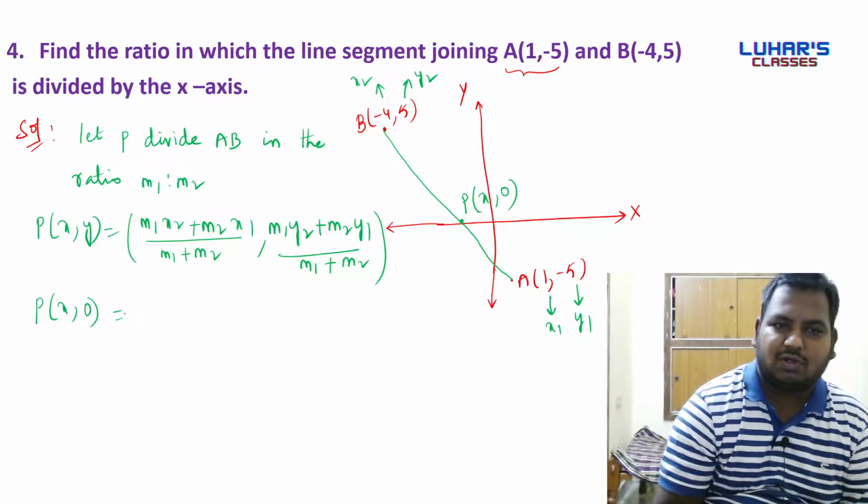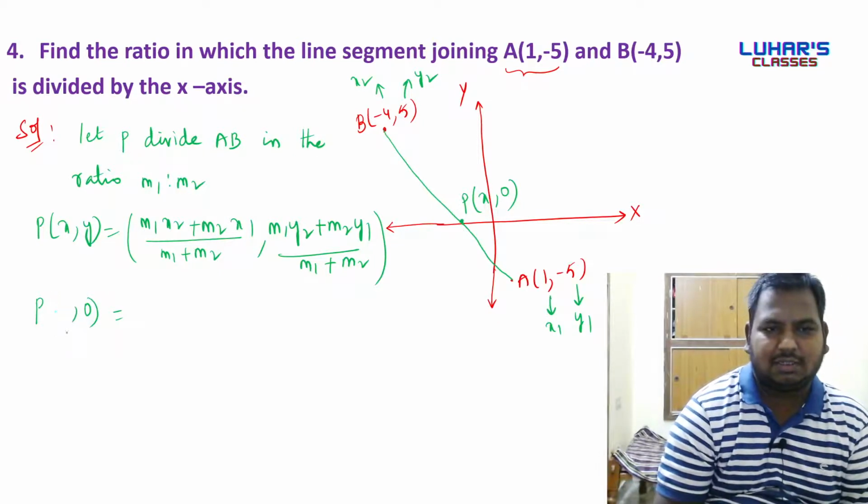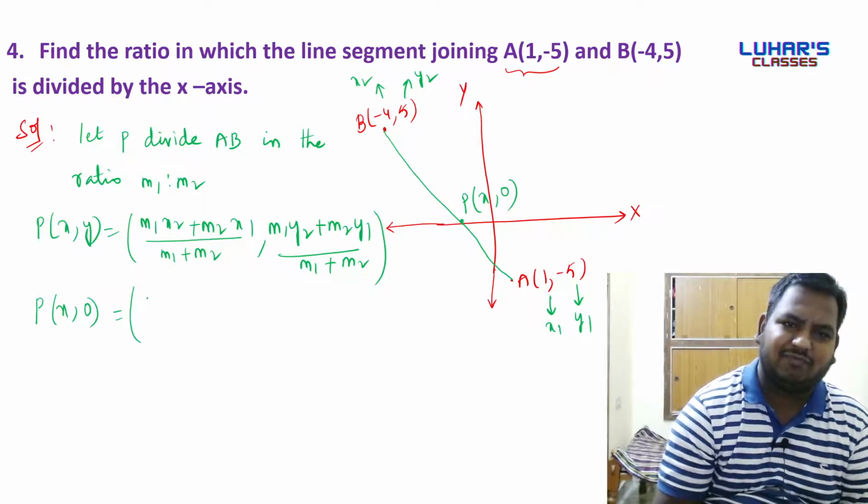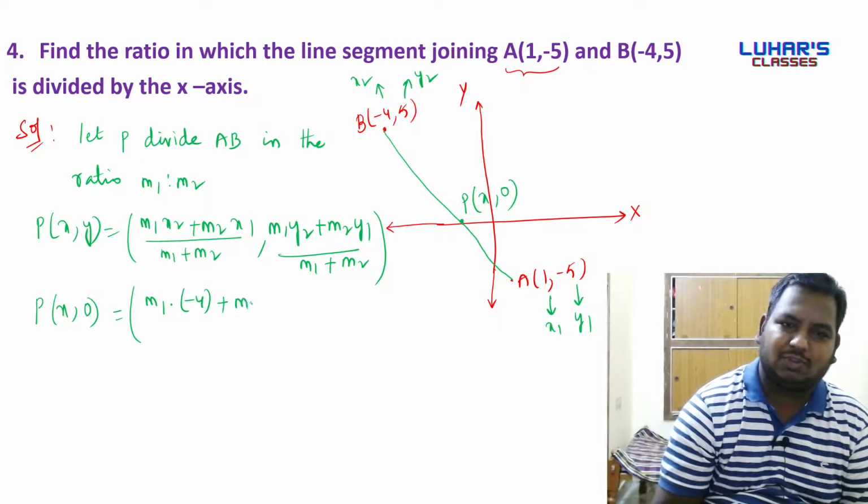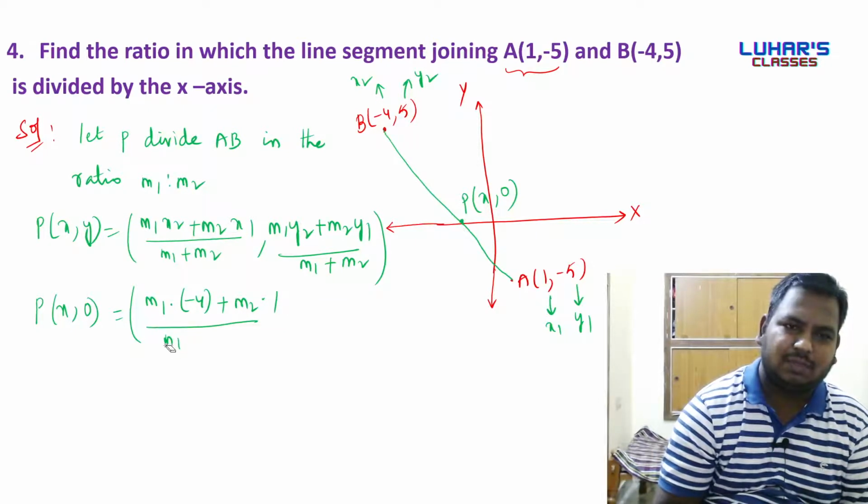Now we substitute the values here. What is m1? m1 is m1. What is x2? x2 is minus 4. What is m2? m2 is m2. What is x1? x1 is 1, over m1 plus m2.